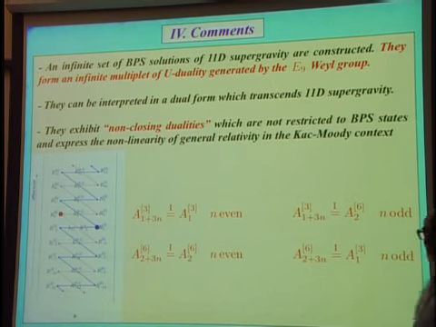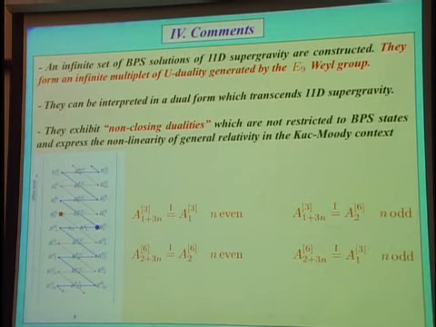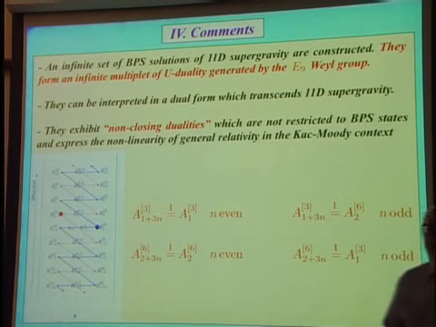They can also be interpreted in a dual form, which is nice to see the mass structure and maybe essential to understand the charge of these things, where charge has to be taken with quotation marks. But these transcend 11-dimensional supergravity.